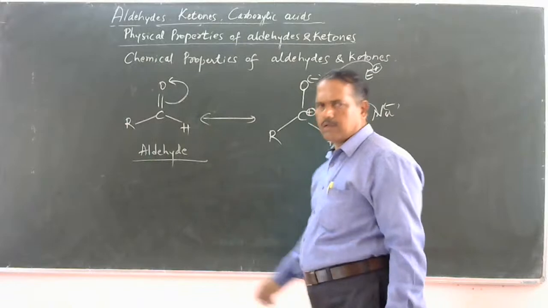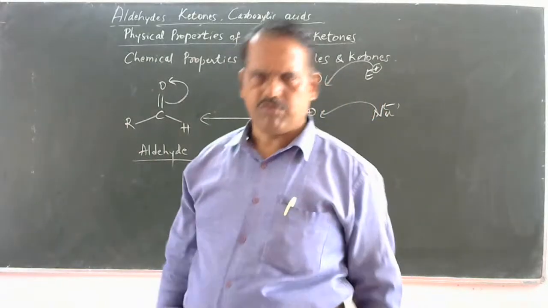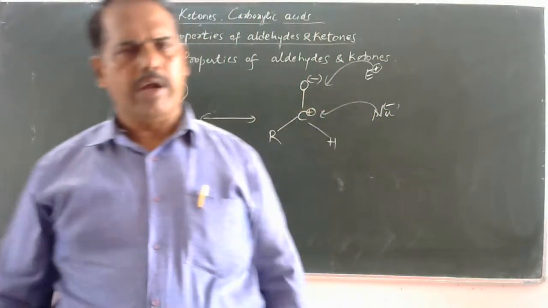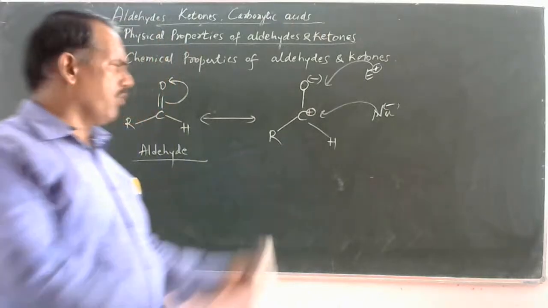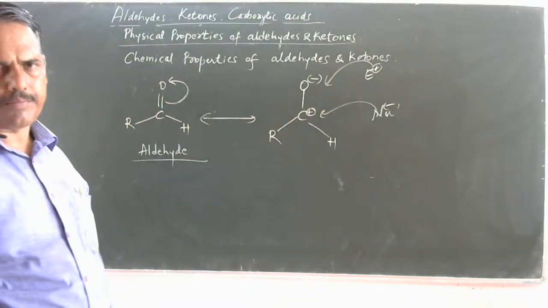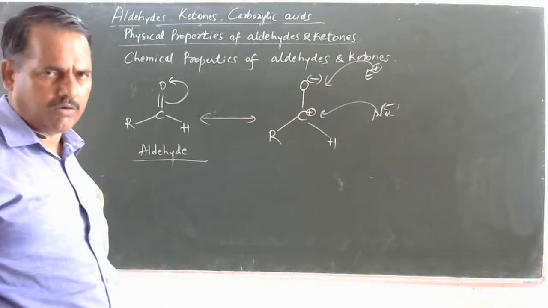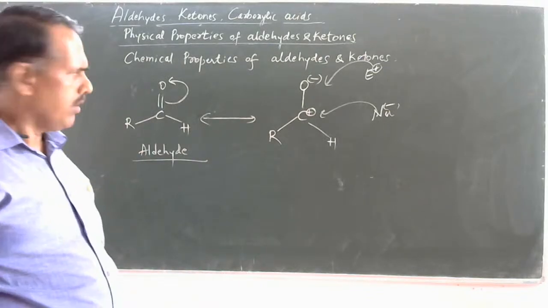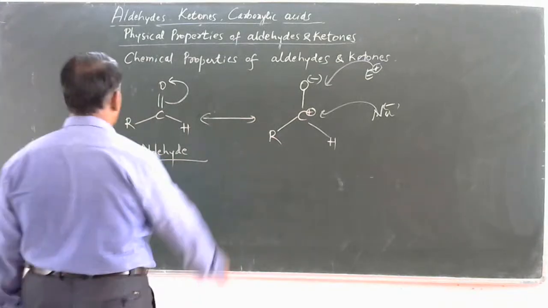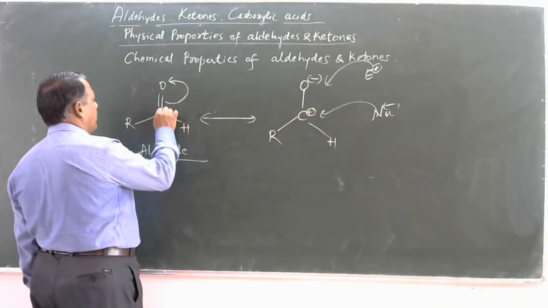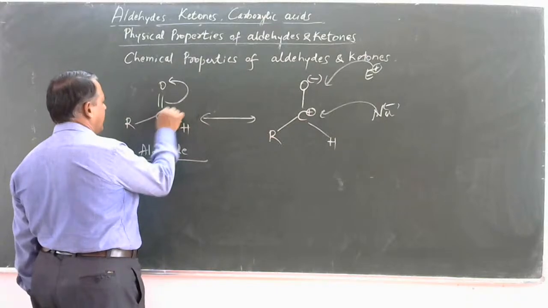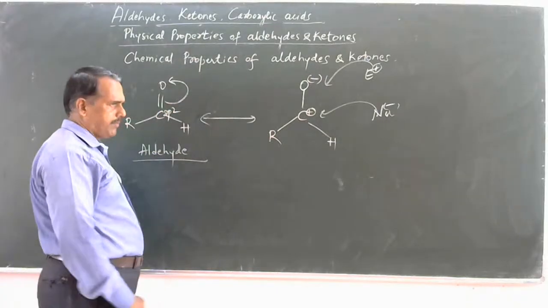So we can find in aldehydes and ketones a nucleophilic as well as electrophilic reaction. So that is the characteristic of aldehydes and ketones. Be familiar with this reaction. As carbon to oxygen, whatever carbon is here is sp2 hybridized.